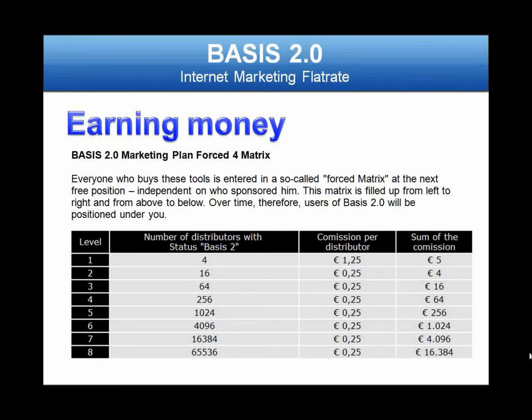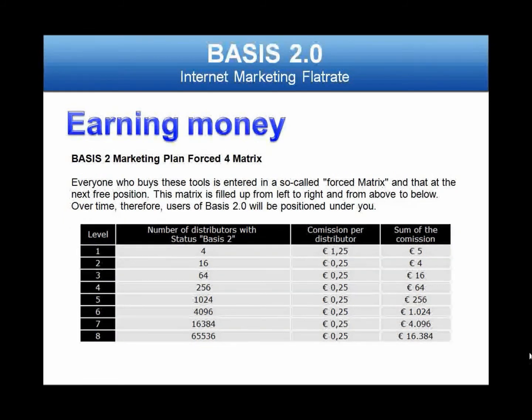And this runs in such a way that always 4 people are positioned under the upper one, and in the first level, for example, you get your 5 euro back, in the next level plus 4, then plus 16, and so on. And if you summarize all this and count it together, you have about 21,000 euro you can earn by passive commissions over time. This is not tomorrow, not in 2 or 3 months, but it will come, because we are sure Basis 2 will be a product which will go around the world.